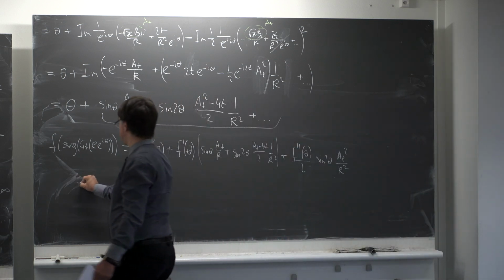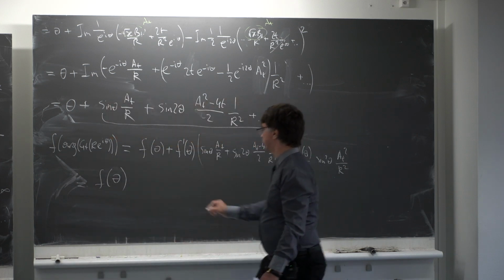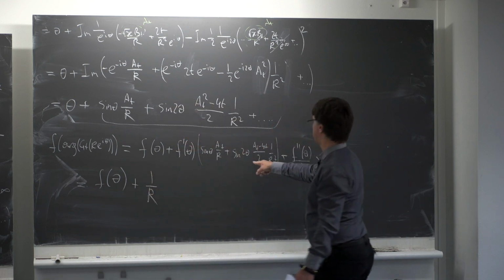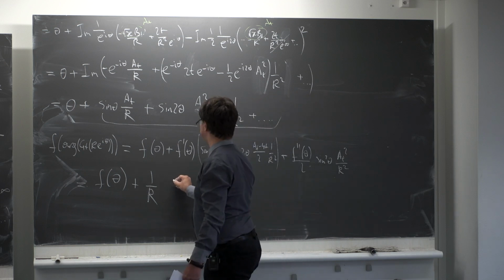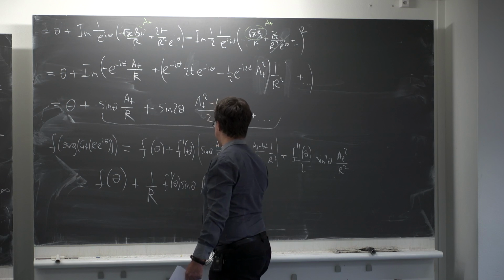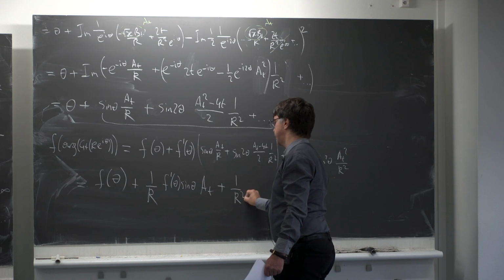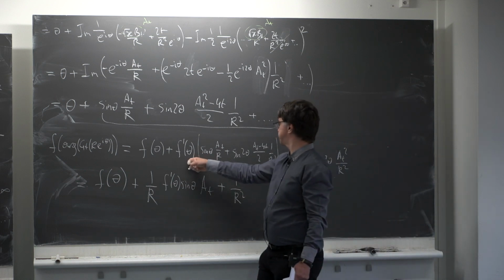And the final result is that it's f of theta plus the next term with 1 over r will be just this one. So how to put it better? f prime of theta sine theta AT, plus the next term with 1 over r squared. Well, it has two parts. It has this part and it has this part.